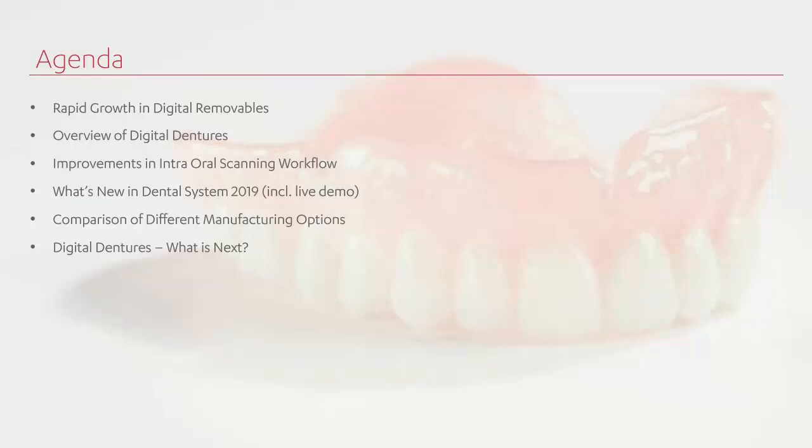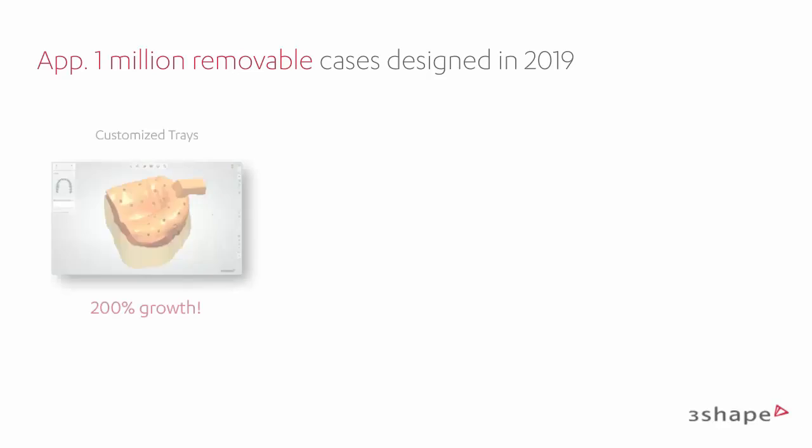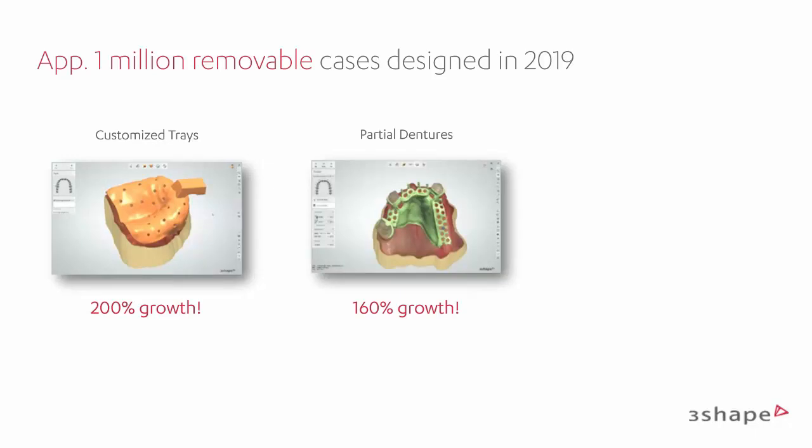But let's get started. Digital dentures is not a dream anymore. We have more than 1 million removable cases done in 3Shape in 2019. Around 200,000 trays, growing 200%. We have 700,000 RPDs, growing 160% year over year.